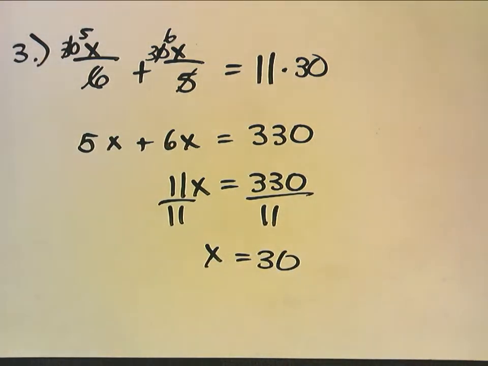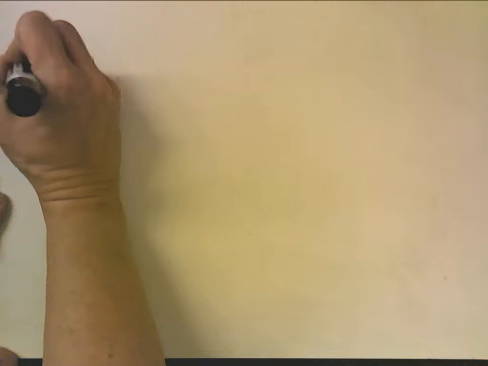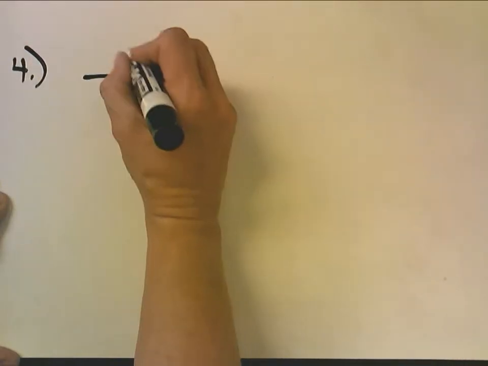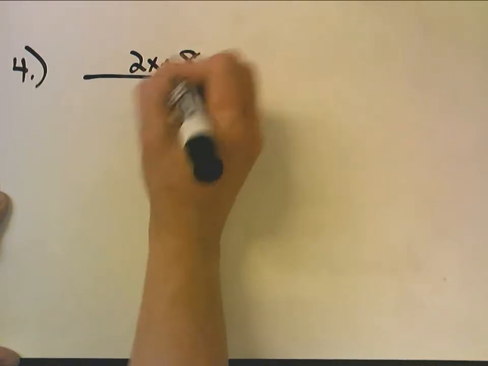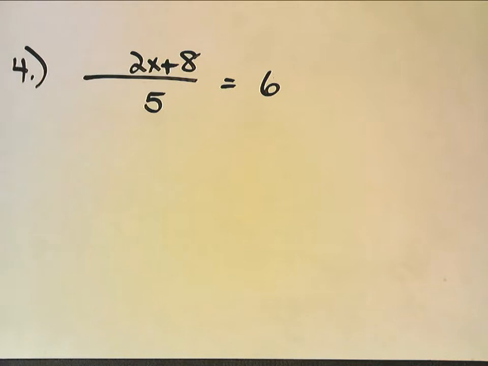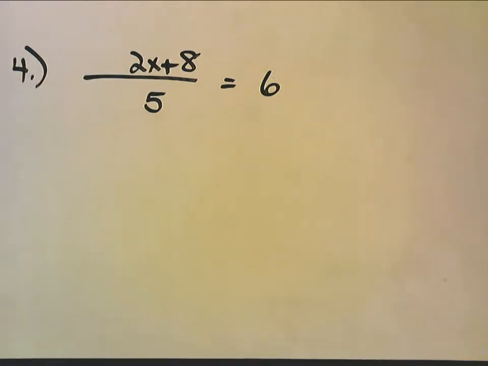Okay? Now let's look at number 4. We've done problems like this before, but I want to show you that when we actually solved these, what we were doing was getting the common denominator. So the only denominator is 5.